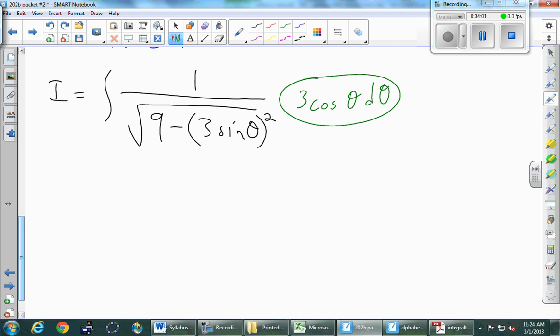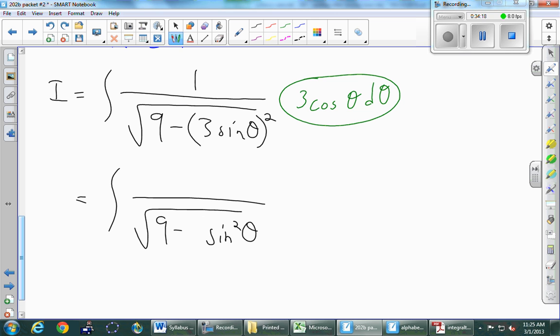Downstairs, what are we doing here? This equals the integral. Downstairs, square root of 9 minus, when I take 3 sine of theta and I square it, what do I get? 9 sine squared theta. Everybody buy it?